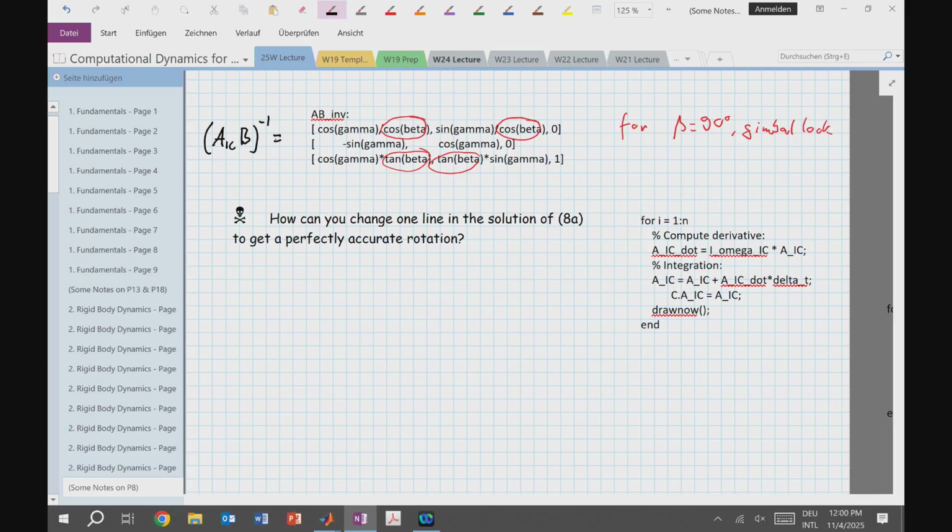Okay, let's look at this. Here was our base idea, right? For problem A, we said we have this derivative A dot is omega_IC times A_IC. And that's a differential equation. It's actually a linear differential equation on a matrix, right?